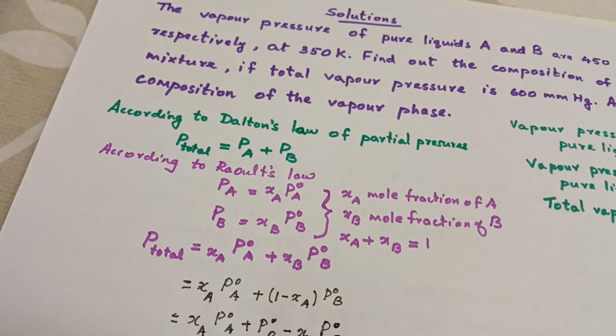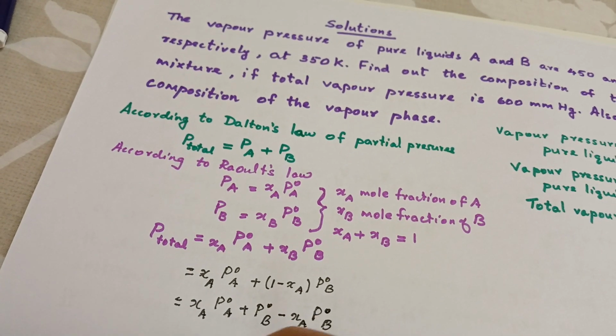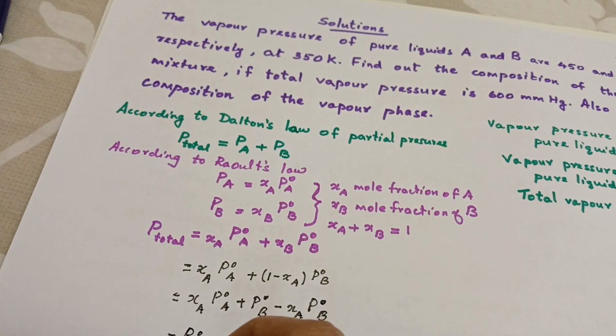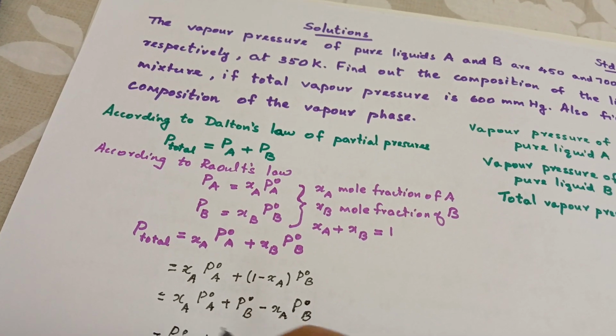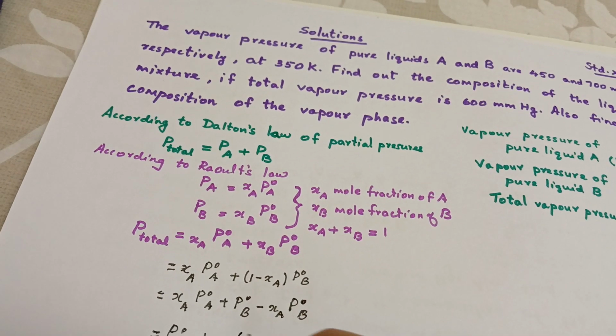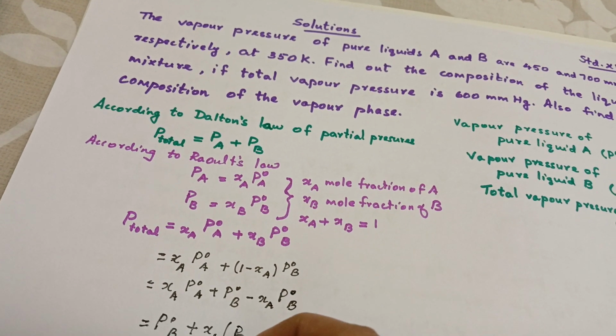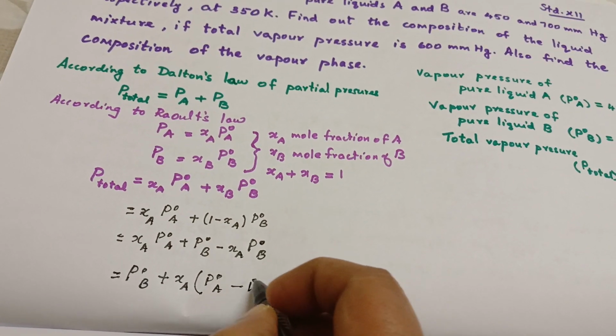So if we bring it together, we'll put P0B first, P0B plus, if we take XA outside, that is common, now we will get it as P0A minus P0B.